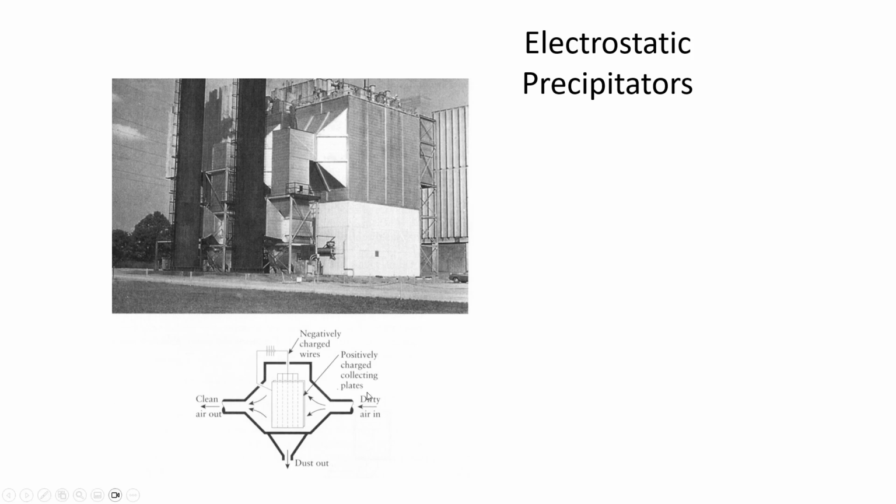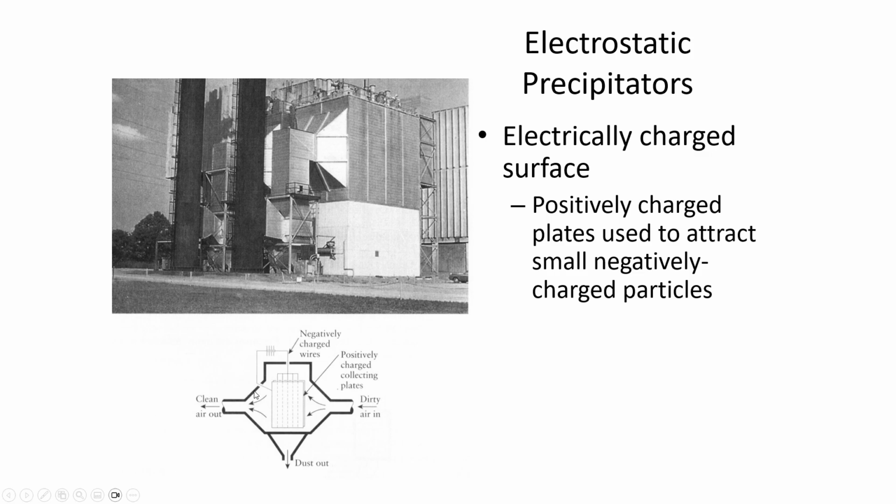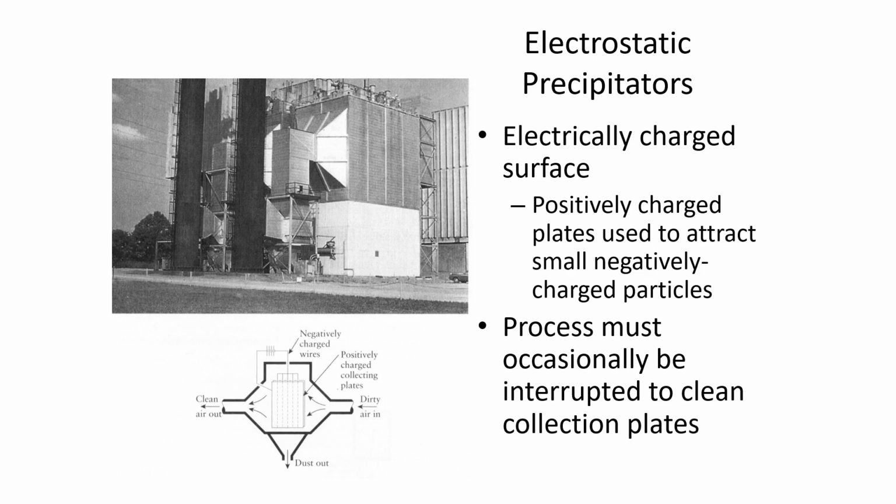It would be attracted to the positively charged plates. Occasionally they can switch the charge off, wipe the dust off of the plates, and so there's no moving parts, no bags that have to be replaced. So it's a pretty low maintenance kind of a technology, just that occasionally the plates need to be cleaned off.